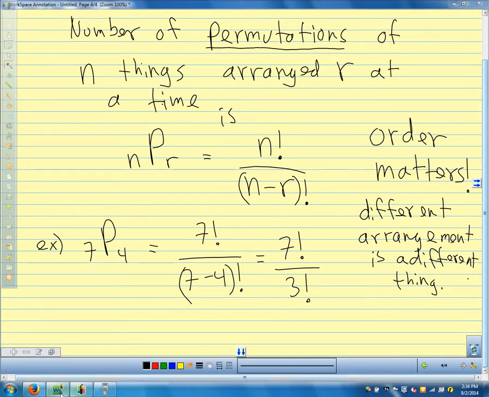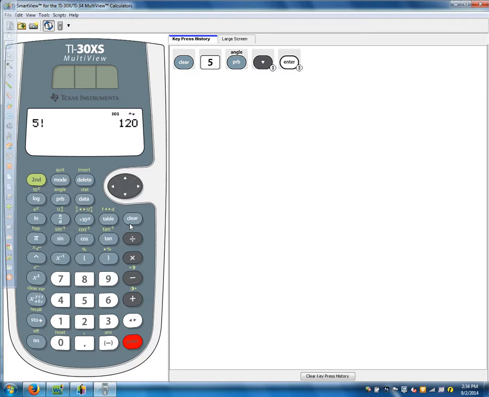On the calculator, I'm going to do 7, and I'm going to go to the probability menu. And here we have this button that says nPr. So I'm going to hit the nPr button, and I said we're doing 7P4. I hit 4, 7P4, enter, and I get 840.